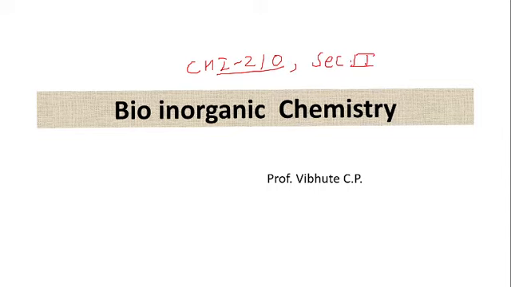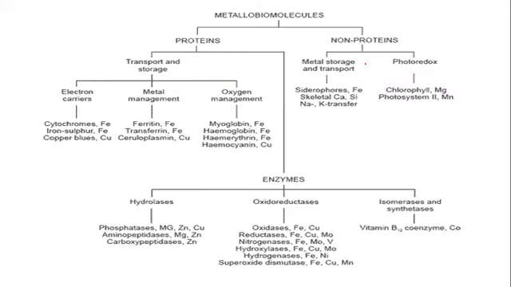So last time we discussed the metallo-biomolecules. This is divided into two types, protein and non-protein. From that we started to discuss in detail the protein. This protein is divided into two types: transport and storage of the protein, and the second one, the enzymes.